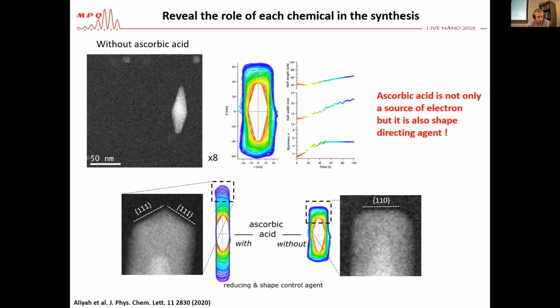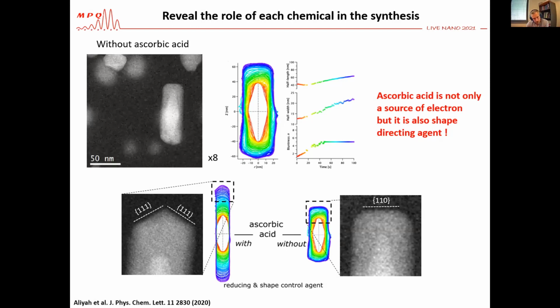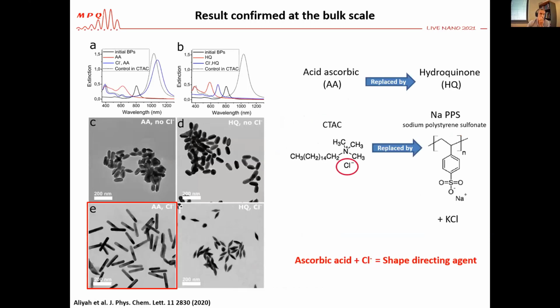Now, of course, the idea of our study was really to correlate nanoscale information, nanoscale study, with large-scale synthesis. So we had to confirm this role of ascorbic acid with bulk-scale synthesis performed by my colleagues.